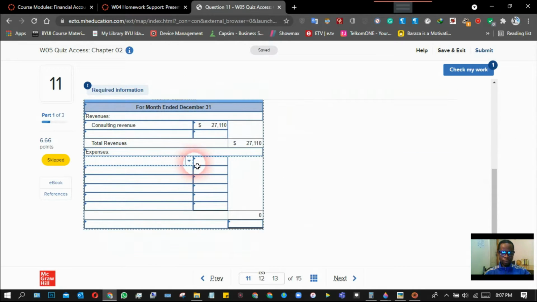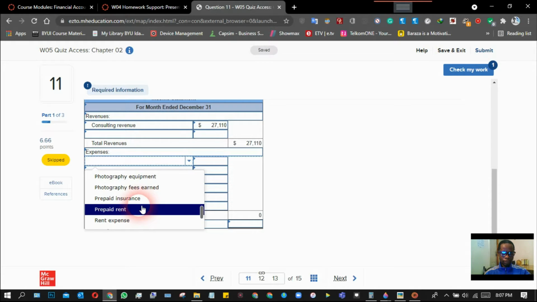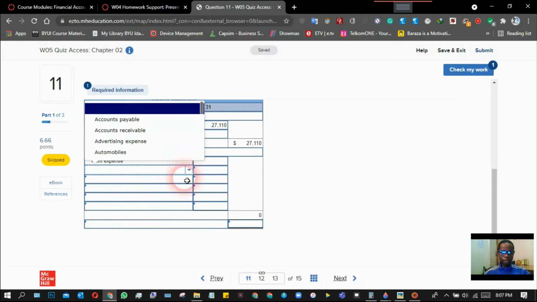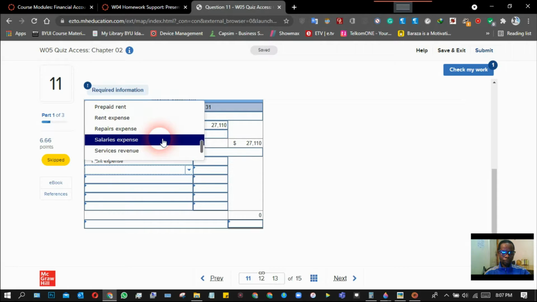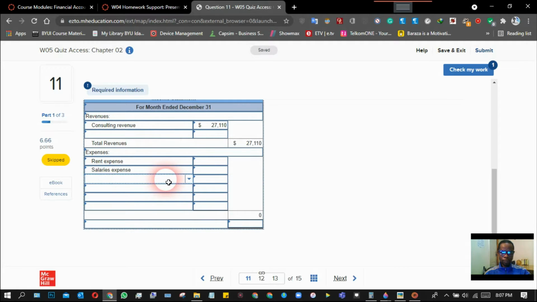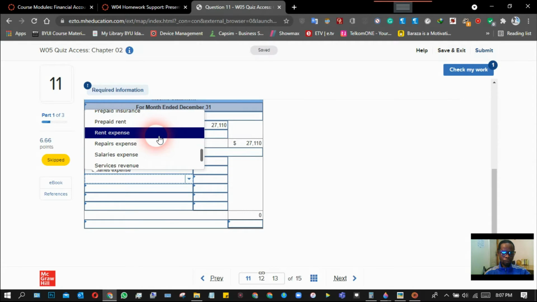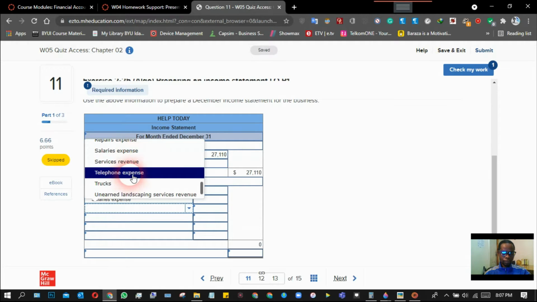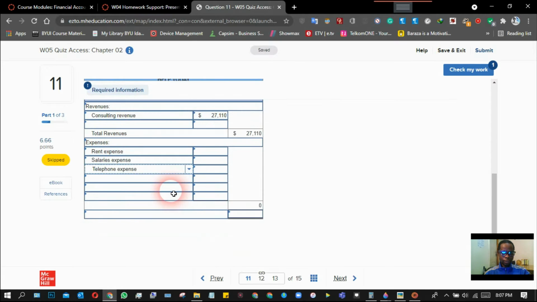So we'll start here with rent expense, then the salaries expense, then the telephone expense, then lastly the miscellaneous expense.